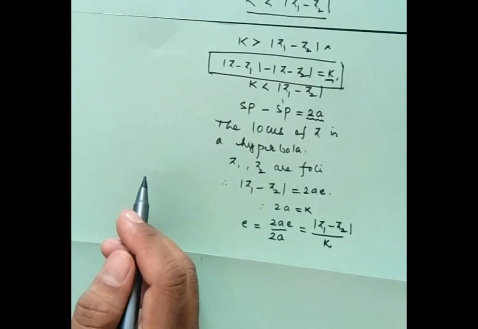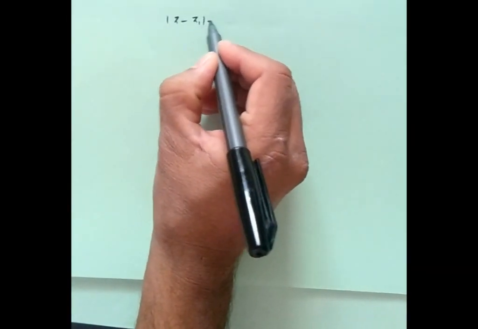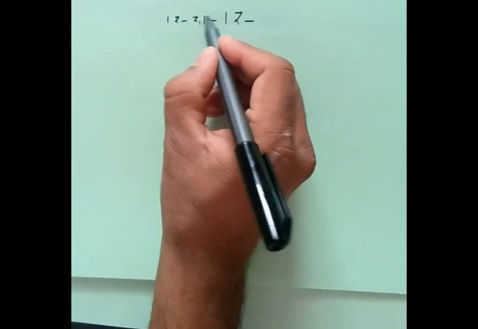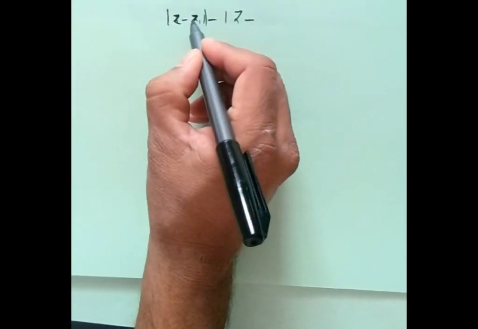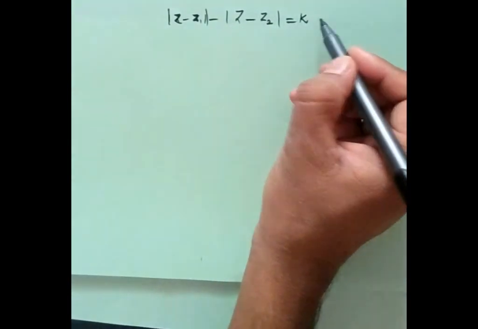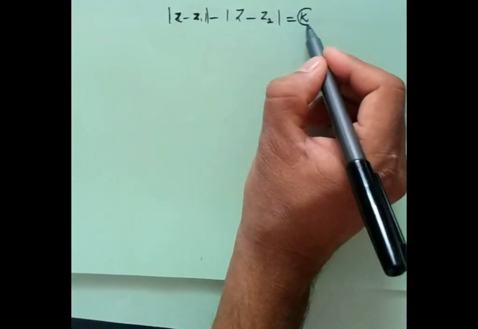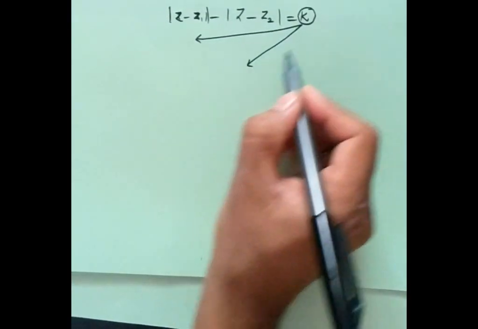Now you see what we discussed in part 1, part 2, part 3. Whenever modulus of z minus z1 minus modulus of z minus z2 equals k, the locus of z depends on k, and we have three different cases.